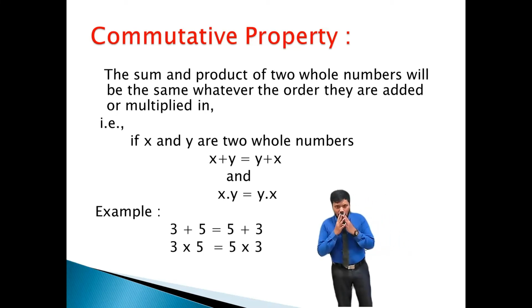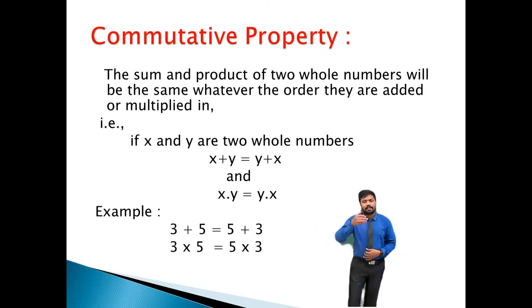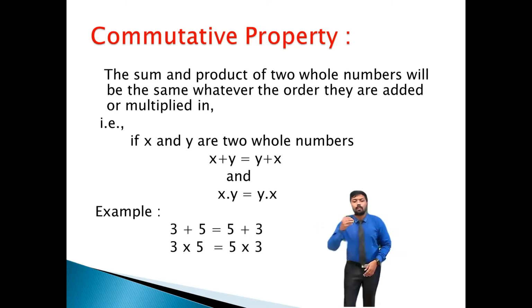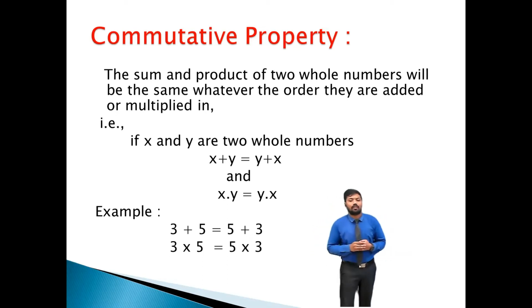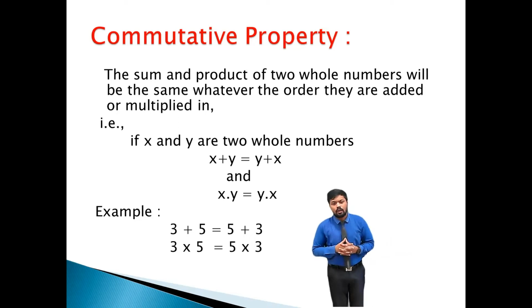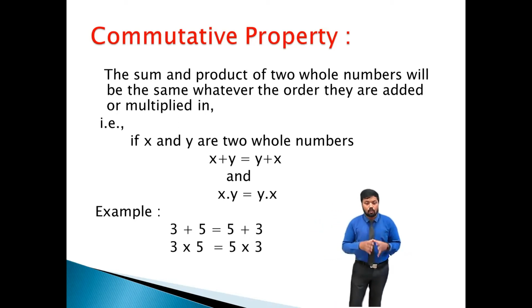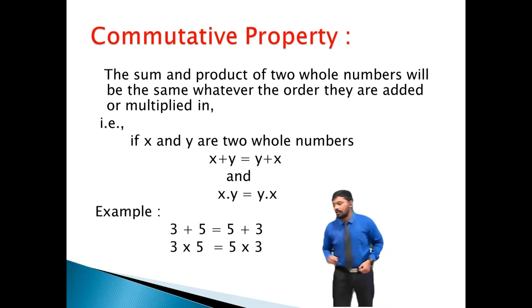That is why the commutative property is not applicable under subtraction. Same with division: 10 by 2 is equal to 5, and 2 by 10 is equal to 1 by 5, whereas 5 and 1 by 5 are not equal. Now, students, the commutative property is applicable only under addition and multiplication.